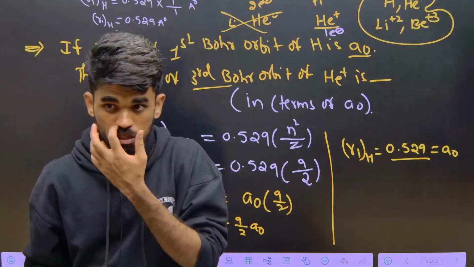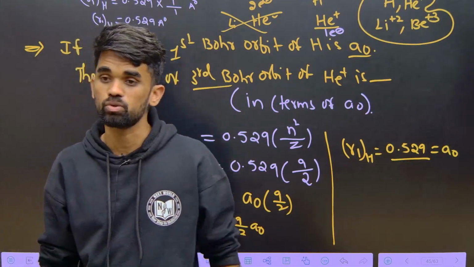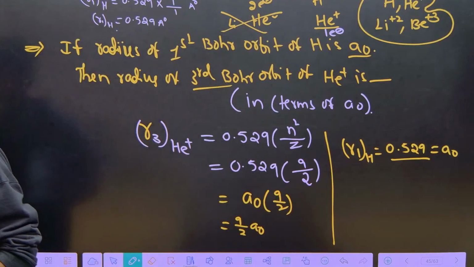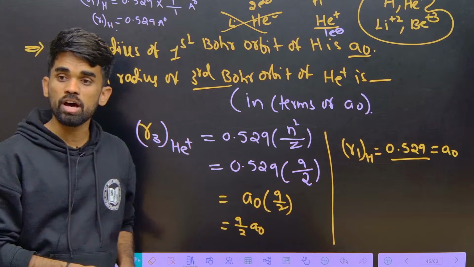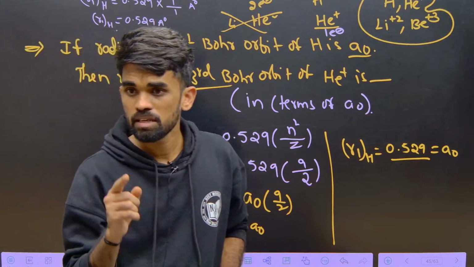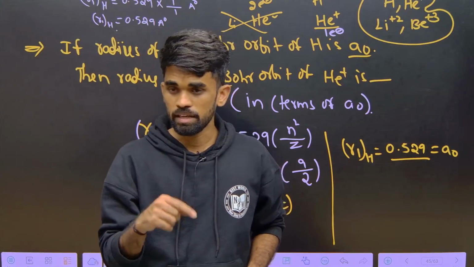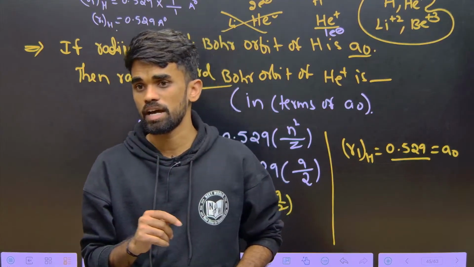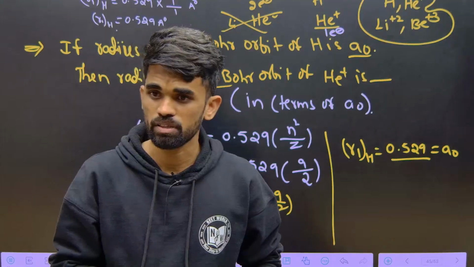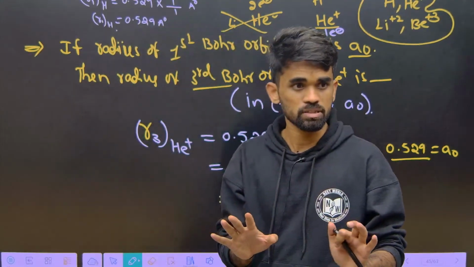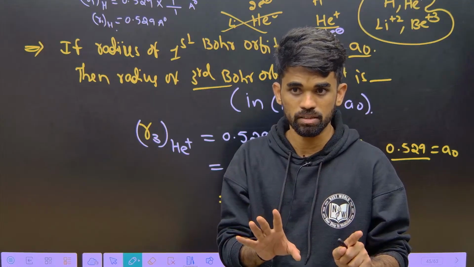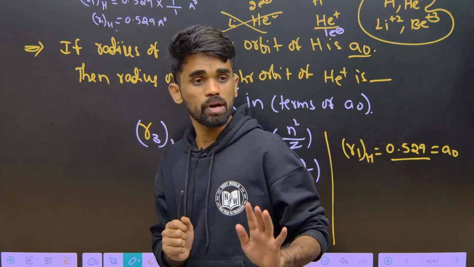Second orbit here also, for both it is the second orbit only. In terms of x I want. The orbit is the same, but the atomic number is different here. Okay, that's it. Can you do this now?